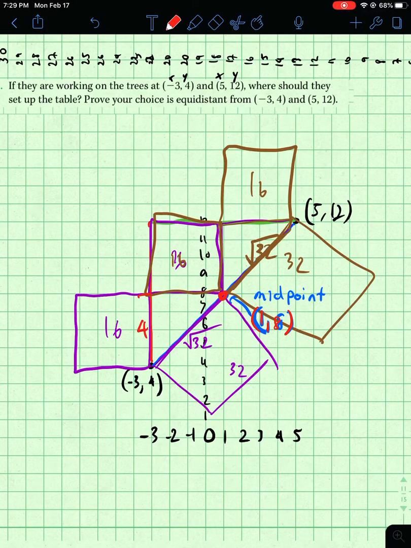So if we add negative 3 plus 4, going for the x direction, here's negative 3, then we go this way, plus 4, we get the x coordinate of the midpoint, that's 1. And then for the y, we start with negative 4, and then positive 4, and then we go up 4. 4 plus 4, oh look at that, it's 8.